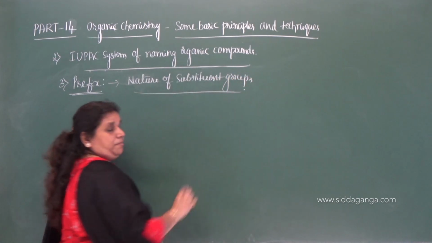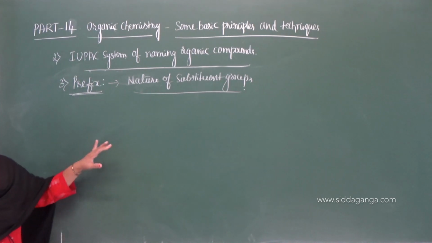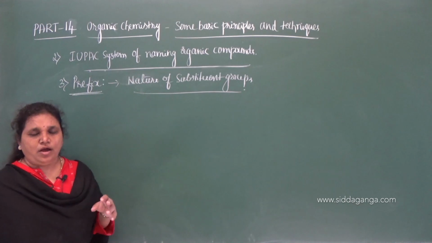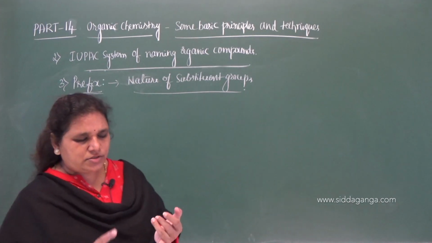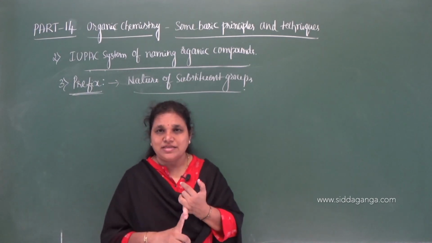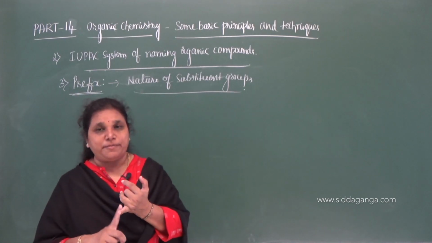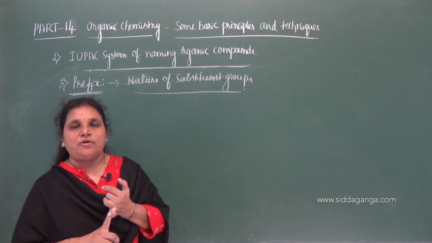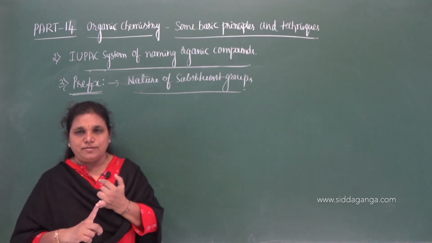So prefix indicates the nature of the substituent groups present in a given organic compound. Just now we have given primary suffix that gives the multiple bonds and also single bond, and we considered multiple bonds are also functional groups.